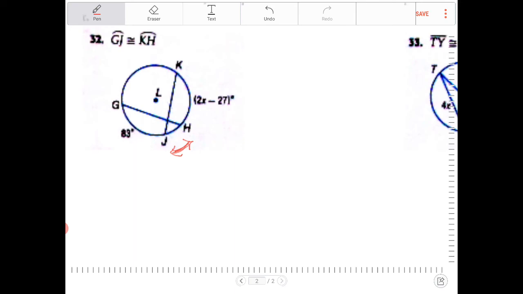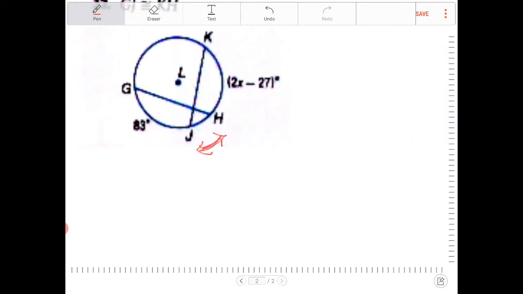So therefore, if we subtract JH from both GH and JK, then GJ and KH are going to be the same. And I apologize for the grainy appearance here, but I believe this is 83 is going to equal 2x minus 27. So if I add 27 to both sides, I end up with 110 is equal to 2x. Divide by 2, x is equal to 55.